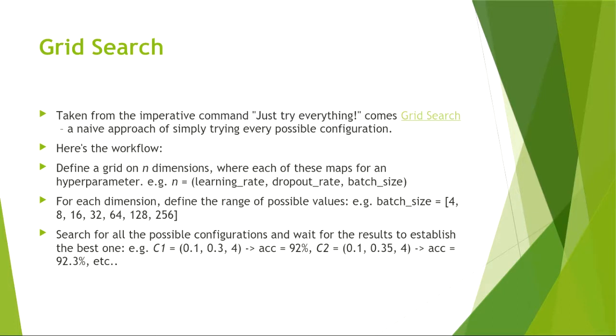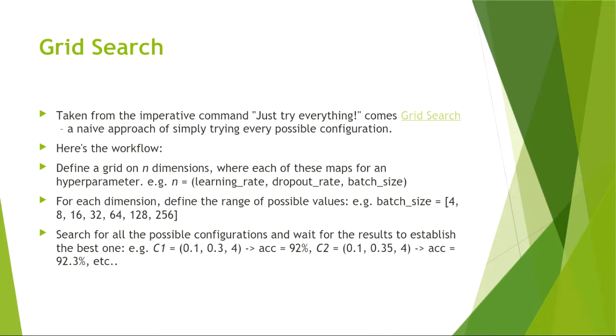For example, this C1 classifier: the learning rate is 0.1, dropout rate is 0.3, and batch size is 4. Are you getting it? So this one is a C1 configuration.